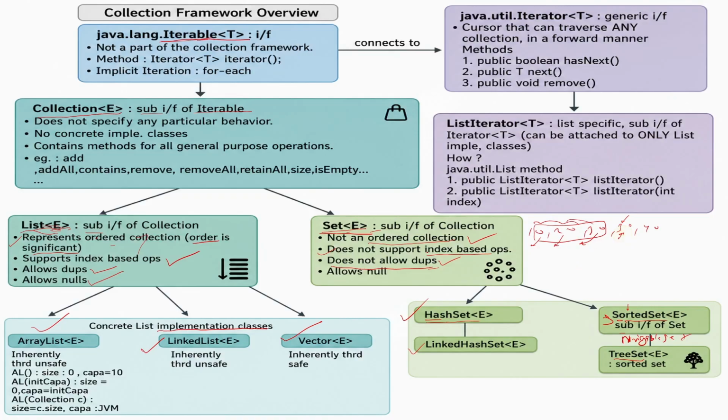So it does not allow duplicates, and it allows null. These are the basic properties of list and set we should know. And also remember the implementation classes. Array list, linked list, and vector are the implementation classes of the list, whereas hash set, linked hash set, and tree set are the implementation classes of the set interface.